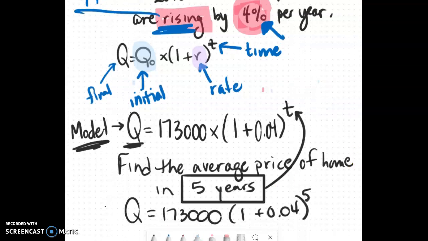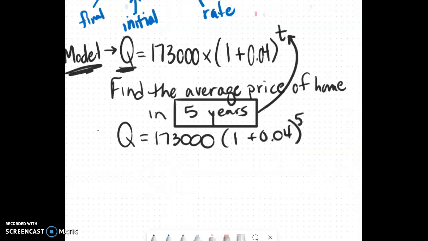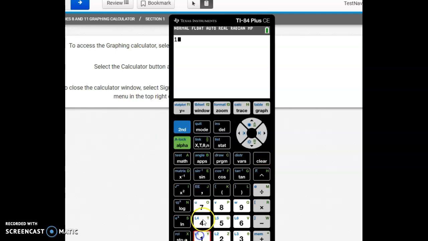And so let's grab the calculator and let's put this in just as I see it on my screen here. So it's going to be 173,000, and I can do this all in one line. I wouldn't do it in pieces because you have to follow the order of operations. Since you have access to the calculator, let the calculator do the order of operations for you.